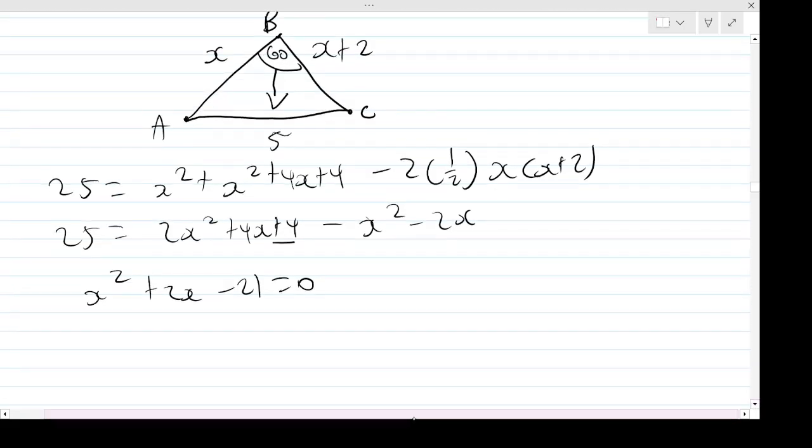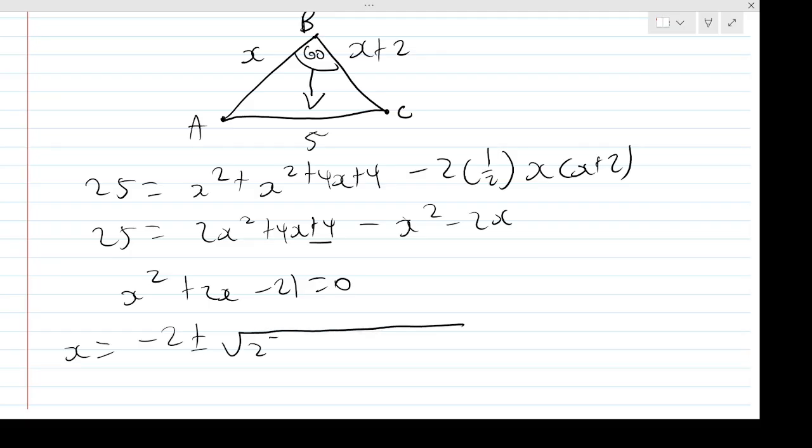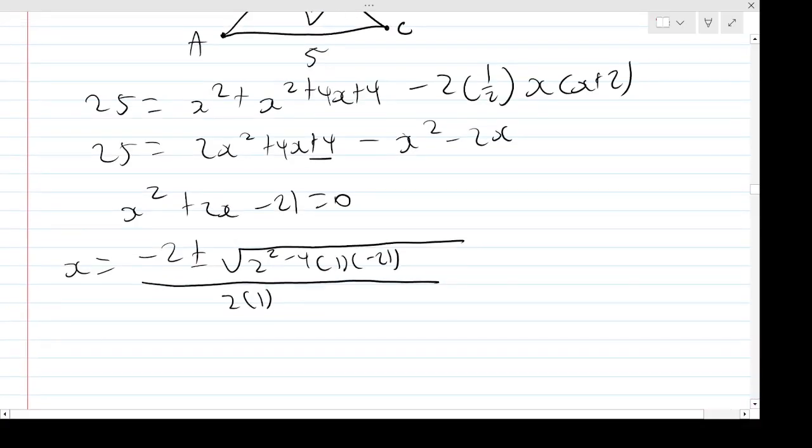So that's a quadratic equation, and we can solve that for x. Then x is going to be minus b, so minus 2, plus or minus the square root of 2 squared minus 4 times 1 times minus 21, over 2 times 1. If I put that in the calculator, I get x is minus 1 plus or minus root 22.